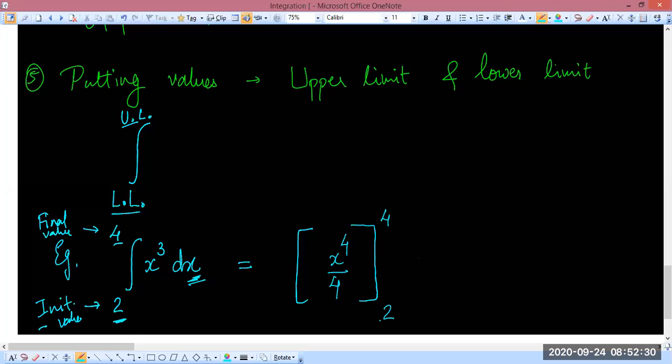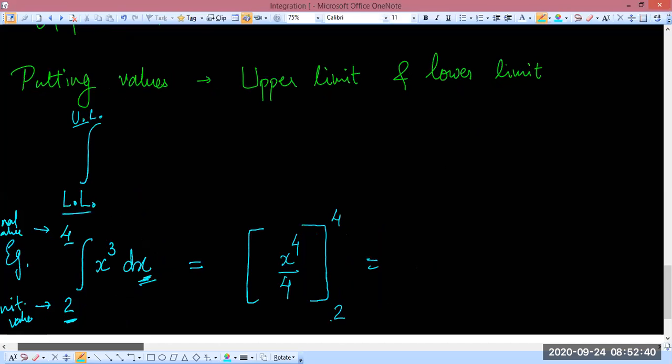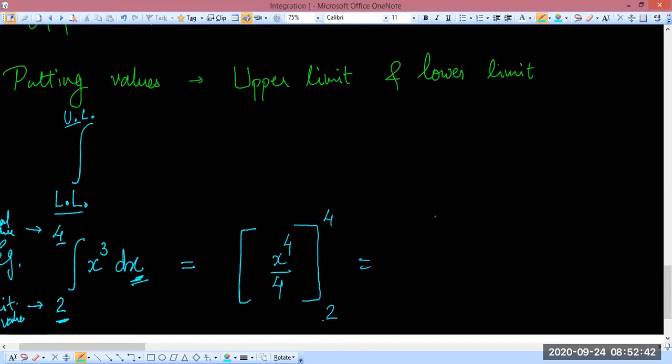So then what to do? Like we have always been doing, we will do final value minus initial value. Listen to this carefully. First we put x equal to 4 in this whole thing.